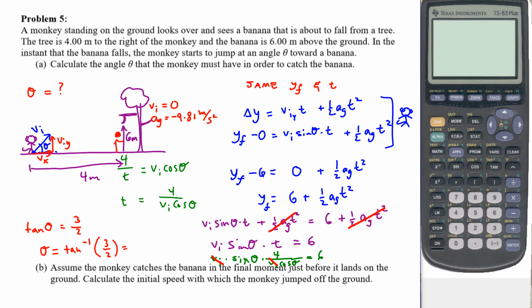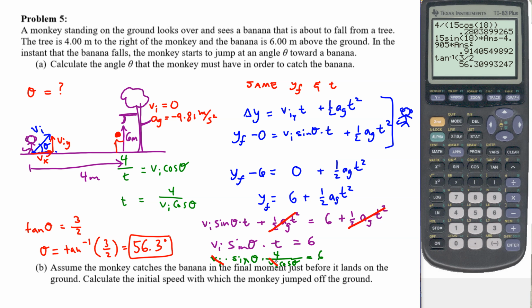And if you plug that into the calculator, second tan, 3/2, whoa, 56 degrees. Of course, I need 3 sig figs. That's what the givens have, so 56.3, which is pretty cool.